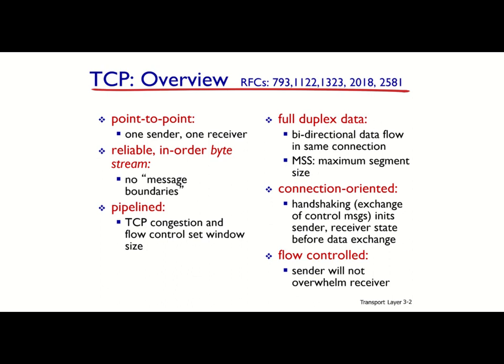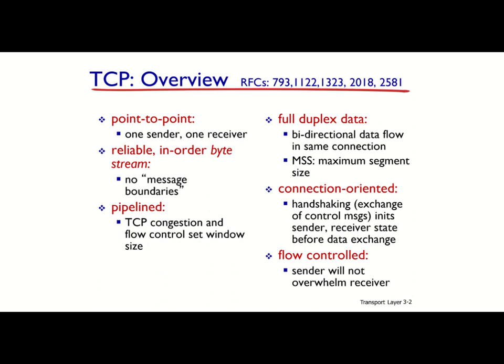It is a full duplex protocol, which means we have bidirectional data flow in the same connection, and it uses a maximum segment size quantity to specify the size of data that each packet contains.